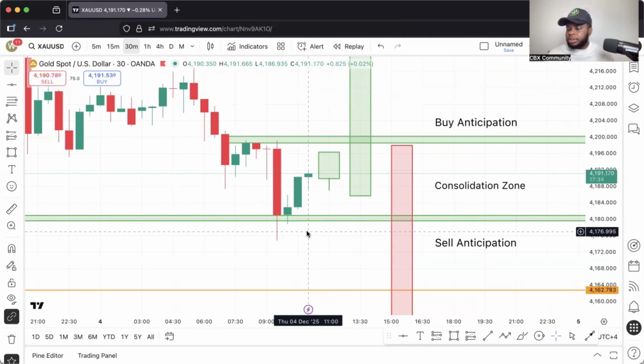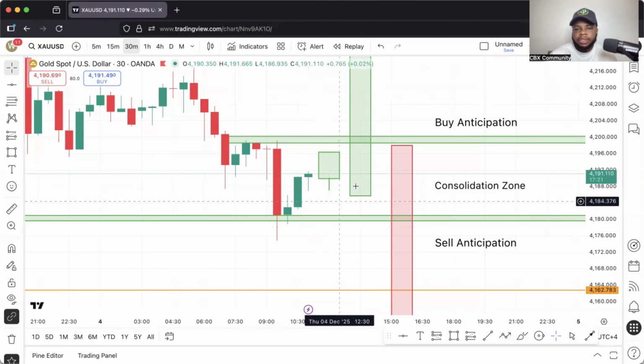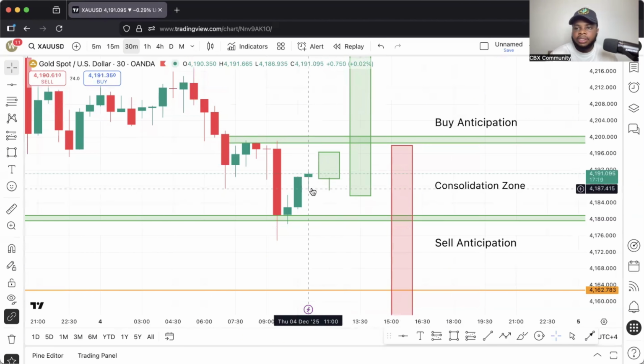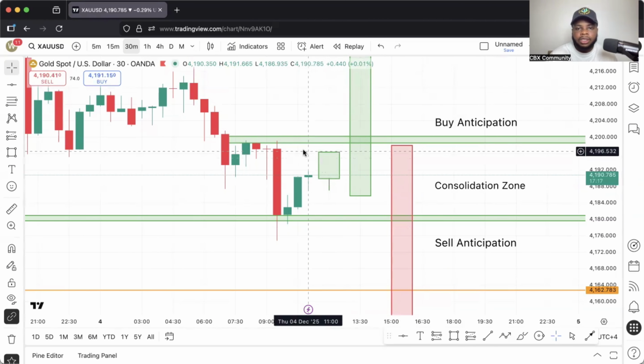Let's just be patient. We don't need to do anything. The candle is left with 17 minutes before it will close. So let's see what this next candle wants to do. If this next candle wants to continue to go up to get to this resistance, or if the next candle wants to reject this zone and continue to come down to get to this support.